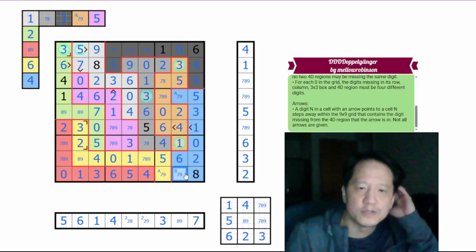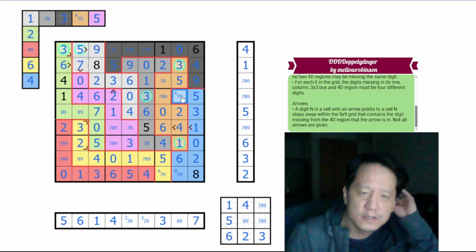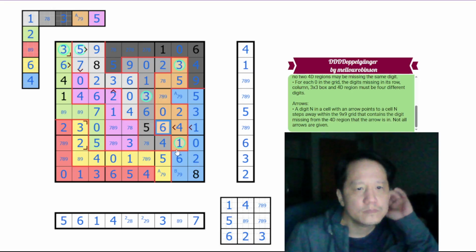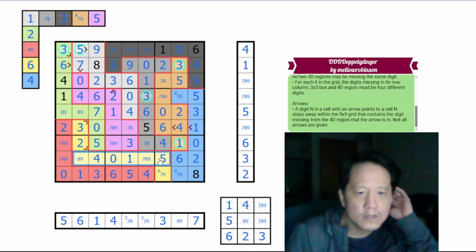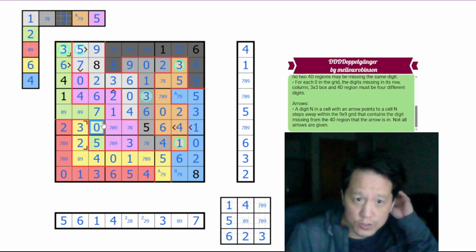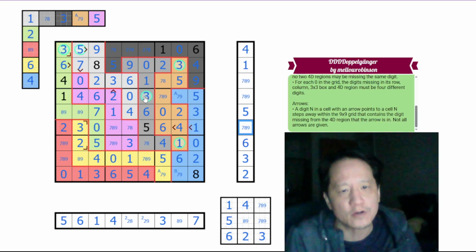Because A is here, this is B, so this is A. Okay. Pink. 0. Okay. Green is missing 2, 1, and 5. So whichever one of 7, 8, or 9 is fine there.